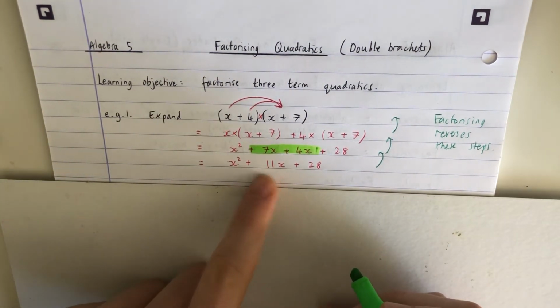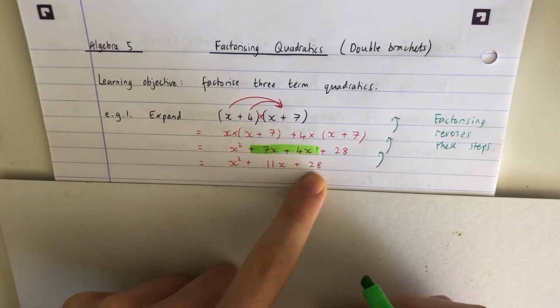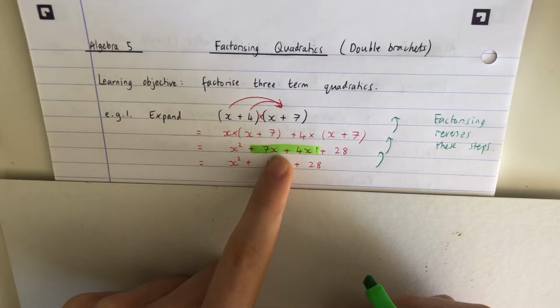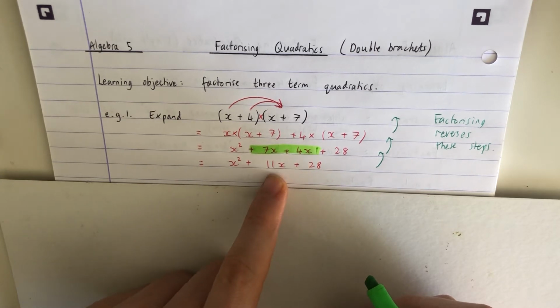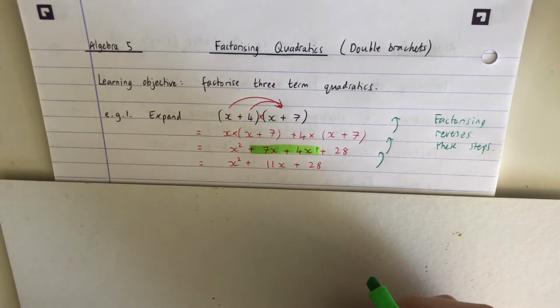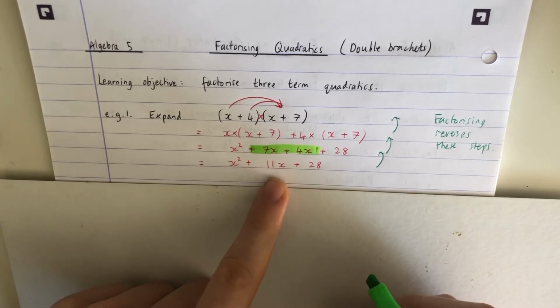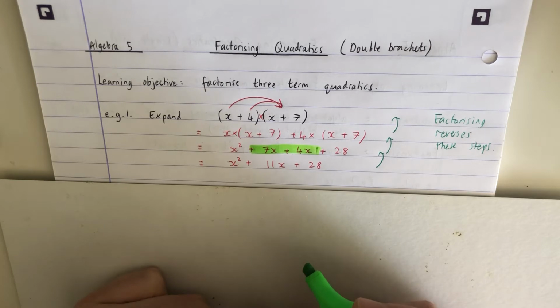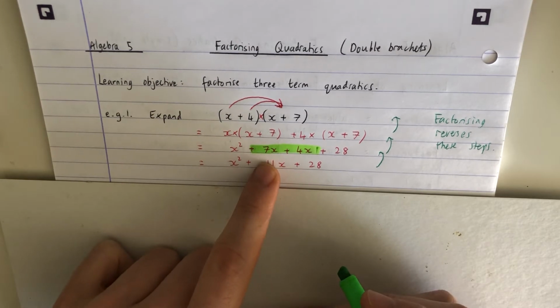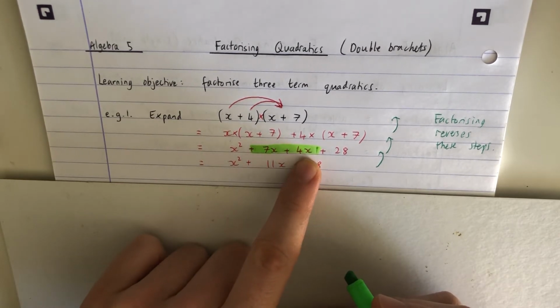Now the hardest thing to come up with is this part. If you try and work backwards, x squared plus 11x plus 28, that 11x came from a 7x plus a 4x. And the thing is, if you had 11x, if you didn't know that was the answer, there's an infinite amount of possibilities. You could have a 9x plus a 2x, an 8x plus a 3x, a 5x plus a 6x, but it would only work if it came from a 7x and a 4x.